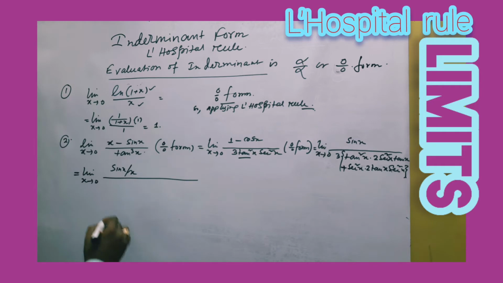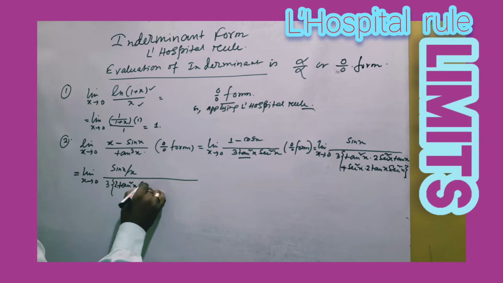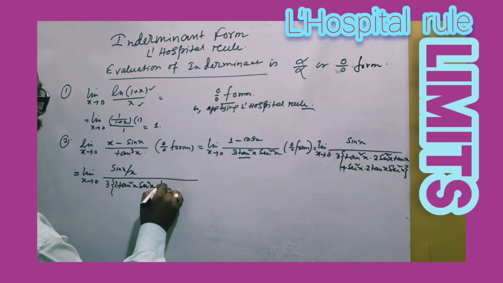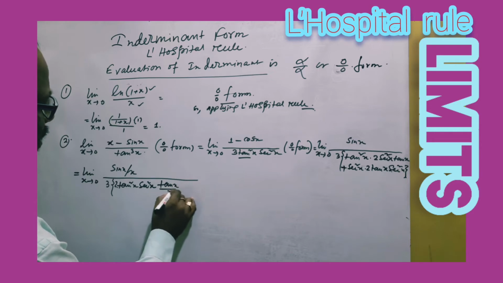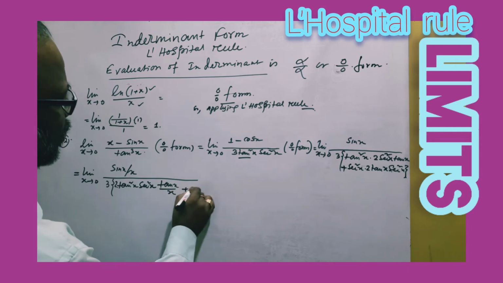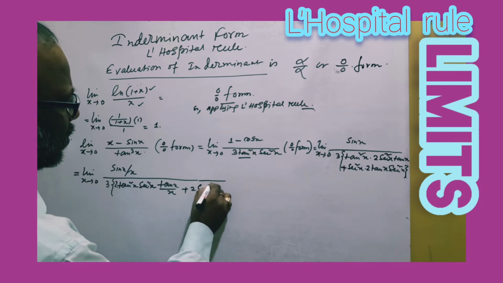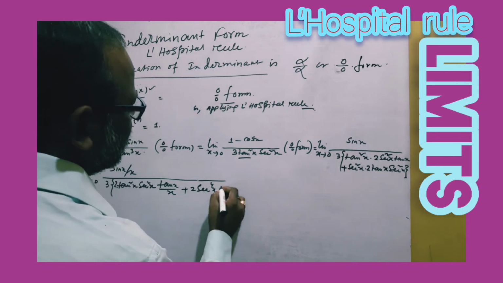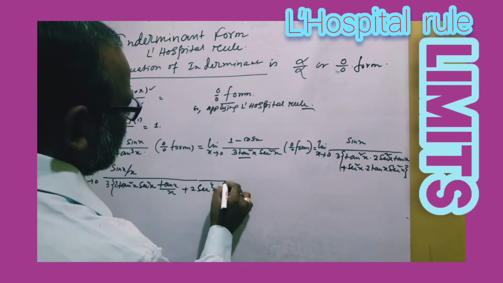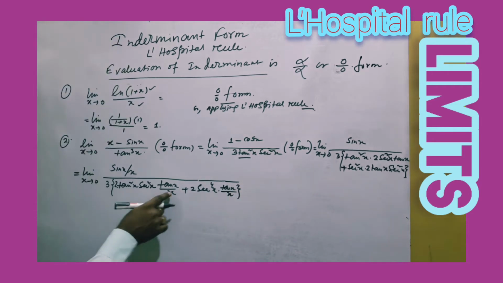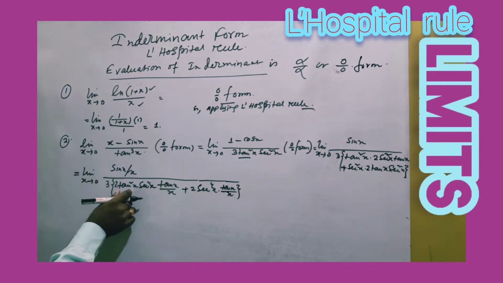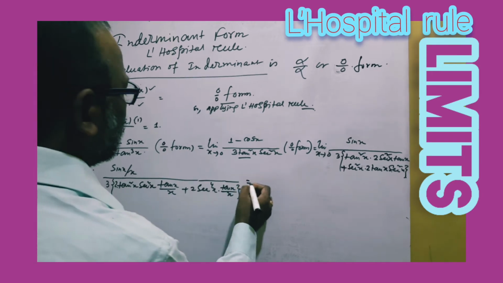There is a 3, and we have tan square x, and 2 sec square x, and now tan x by x, and 2 sec to the power 4 x, and tan x by x divided by tan x by x. So this is 1, this is 1, sec 0 is 1, tan 0 is 0, sec 0 is 1, okay?